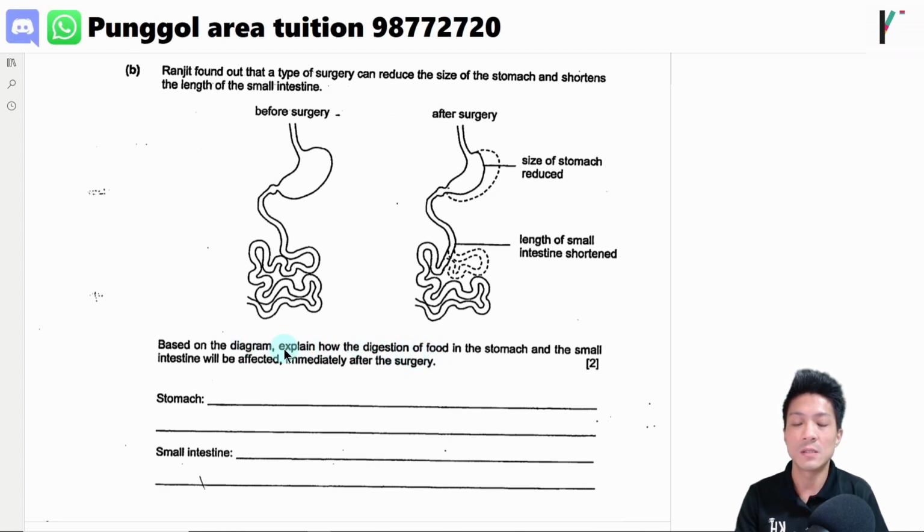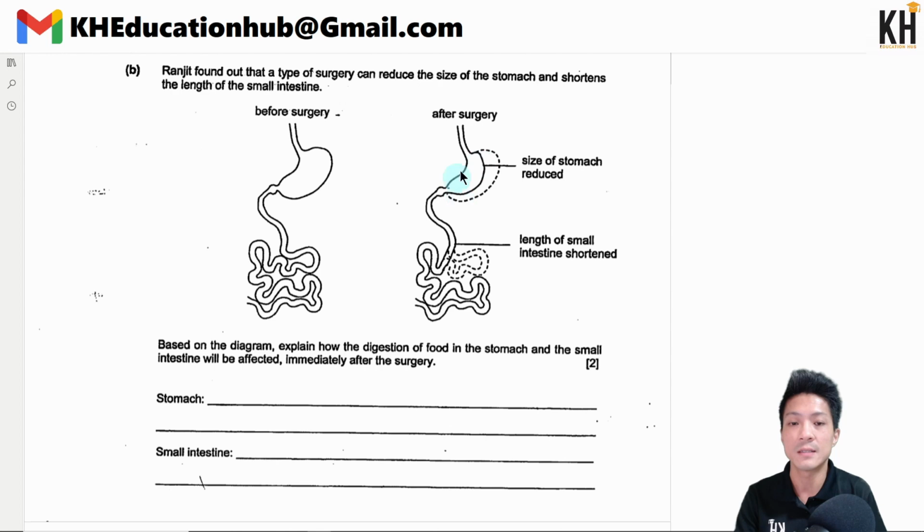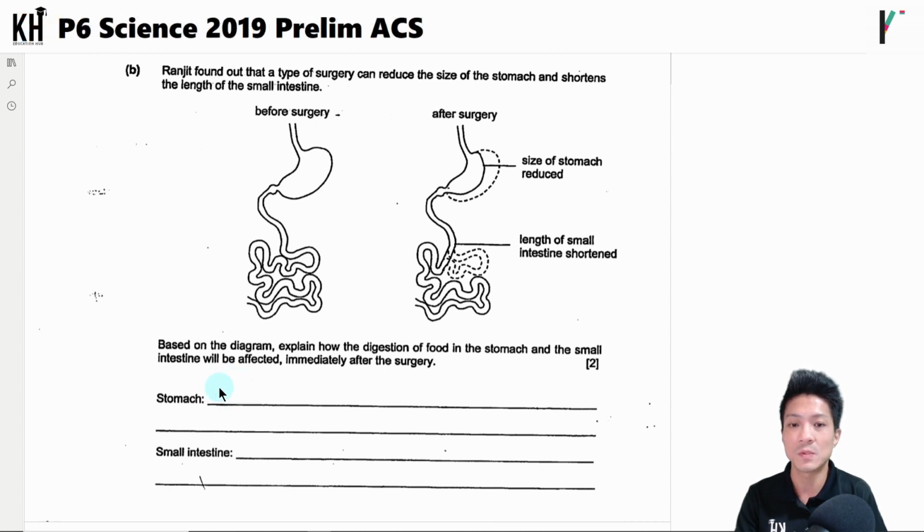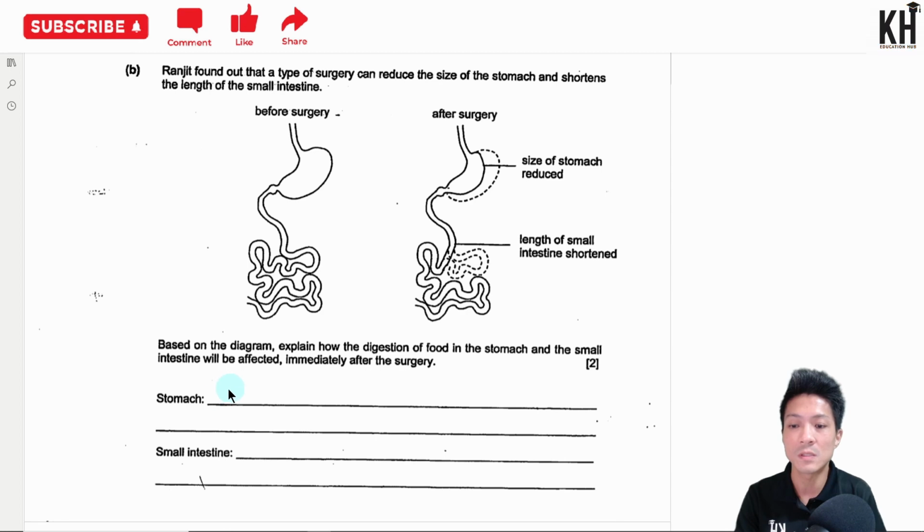So in the stomach, the digestion of the food will be slower as there is lesser surface area for the digested food to move around. So in this case, explain how the digestion of food in the stomach and the small intestine will be affected.